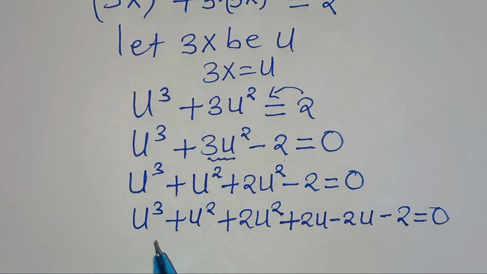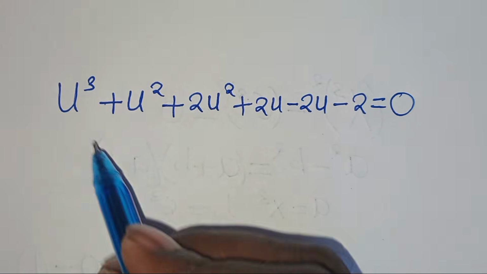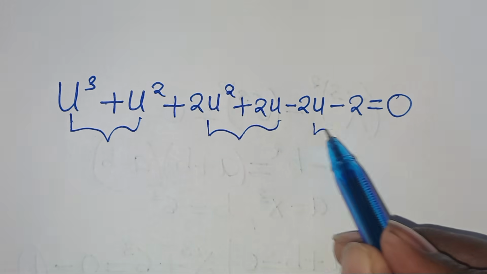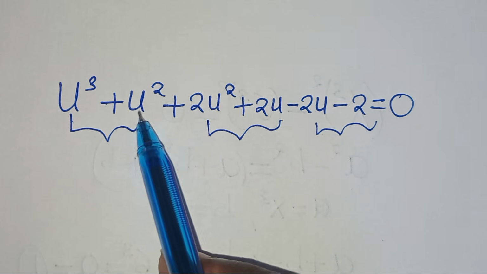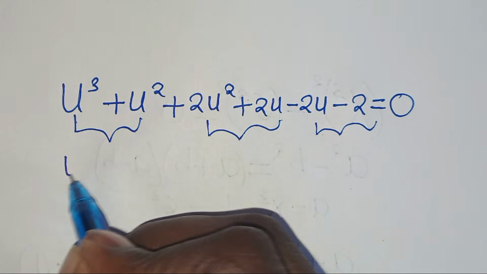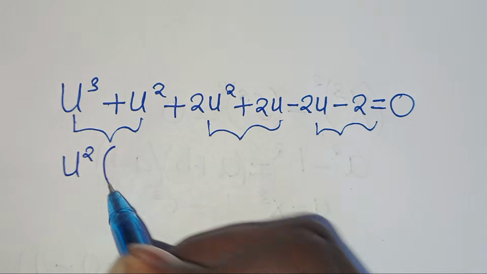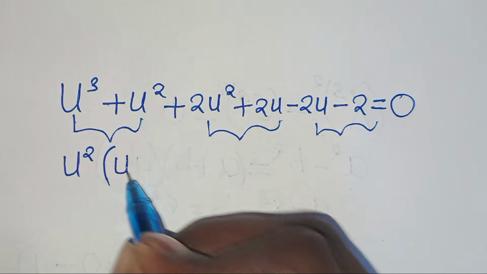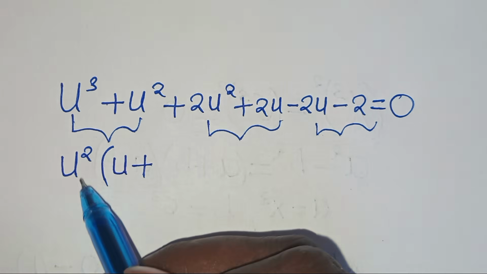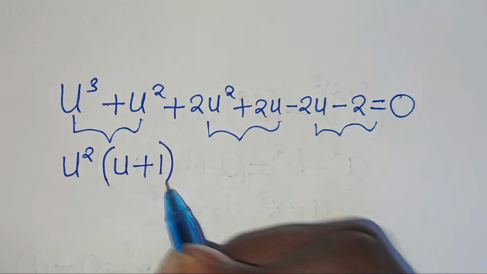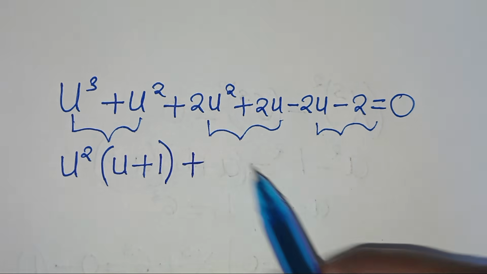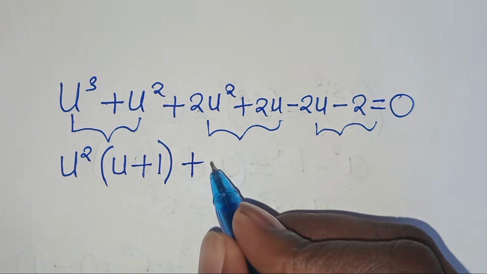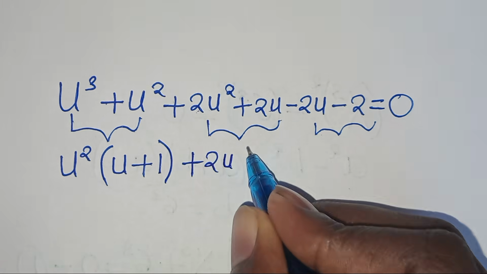Now the next part is we have got 3 parts here. From the first part, u squared is common, so we factor out u to the power of 2, so that u to the power of 3 divided by u to the power of 2 is u, plus u squared divided by u squared is 1, close the parenthesis, then plus. Now the second part, 2u squared plus 2u, 2u is common, so we factor out 2u.